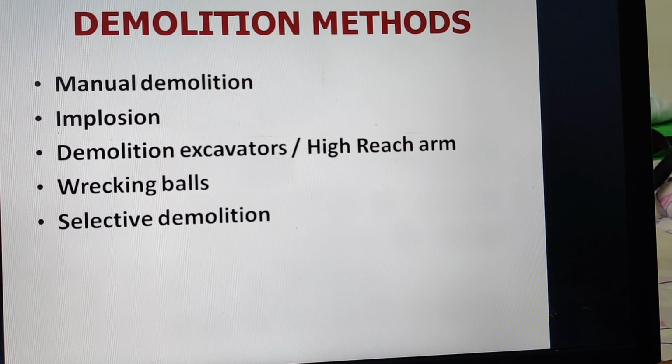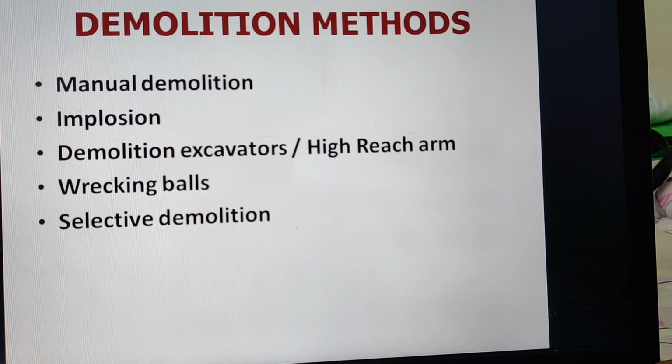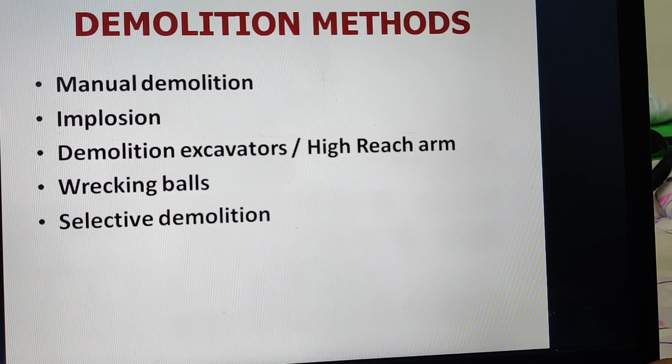If we talk about demolition methods, then there may be manual demolition, implosion, demolition excavators or high reach arm, wrecking balls, selective demolition.